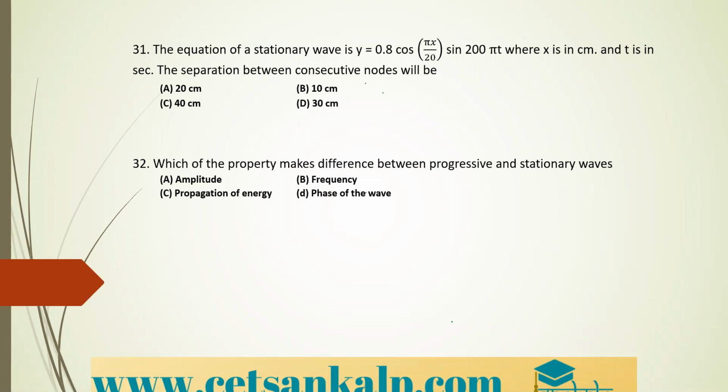In a stationary wave, there is no transfer of energy. So the only difference between progressive and stationary wave is the propagation of energy. That is option C, the correct option here. Okay.